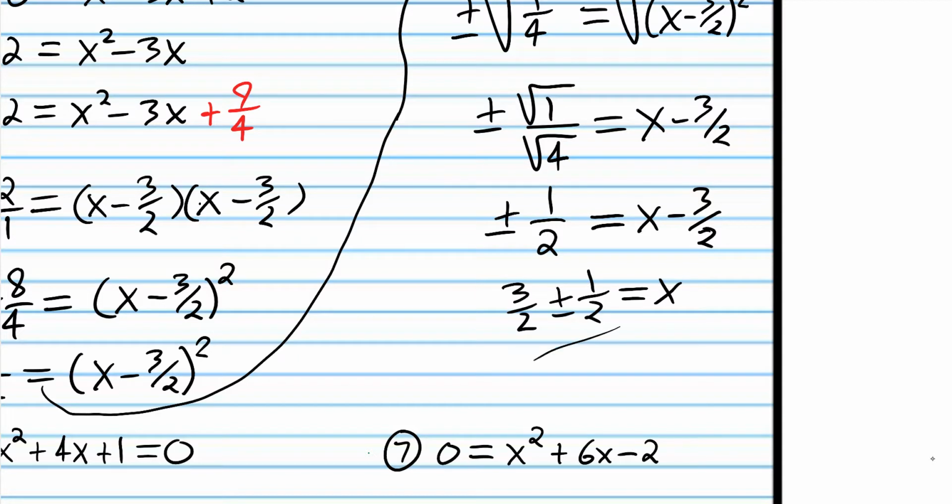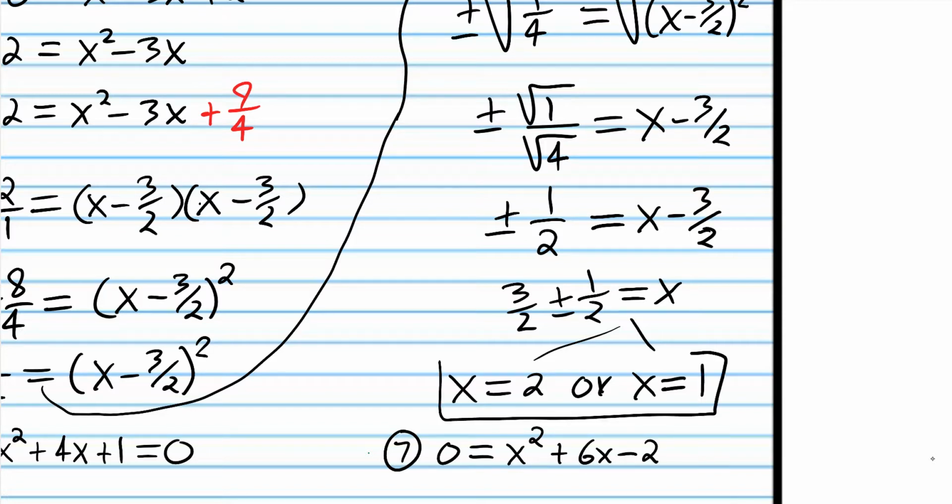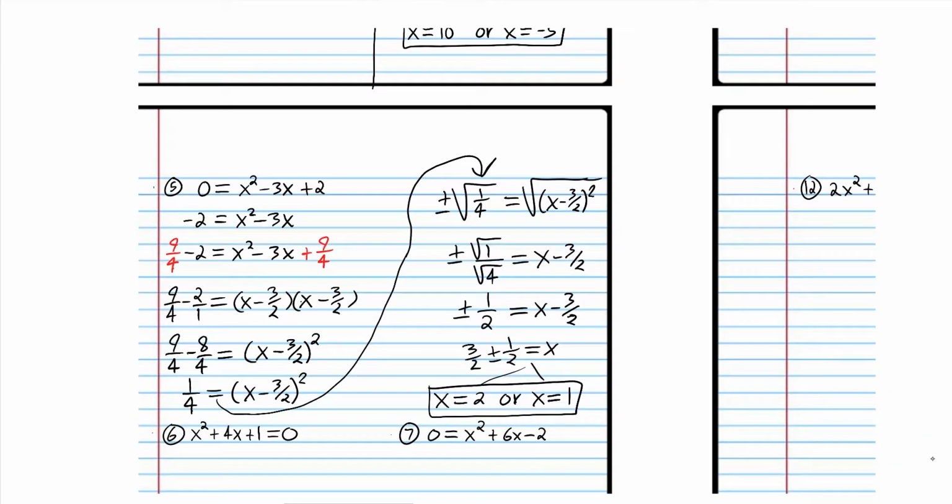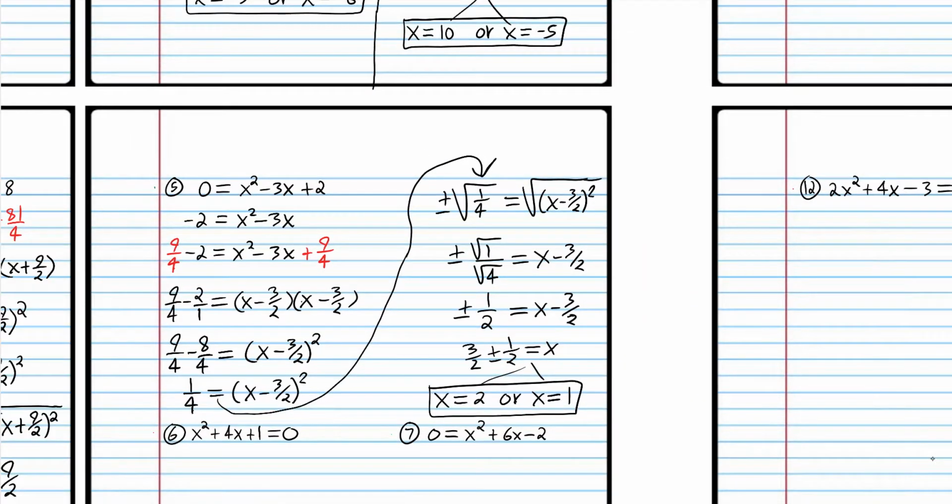And then we can separate, and we get x is equal to 3/2 plus 1/2, which is 2, or 3/2 minus 1/2, which is 1. And those are the two solutions. So if you got those answers, good job.